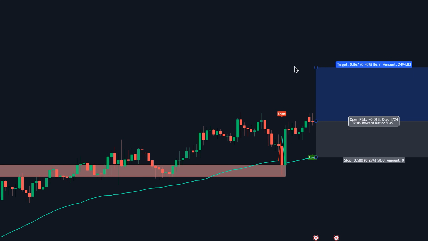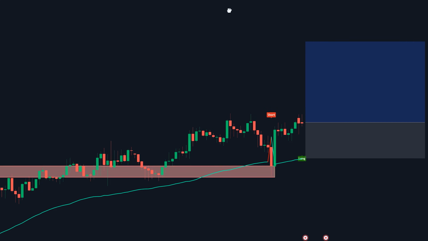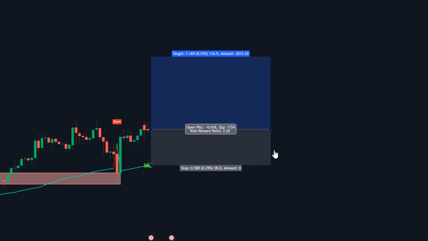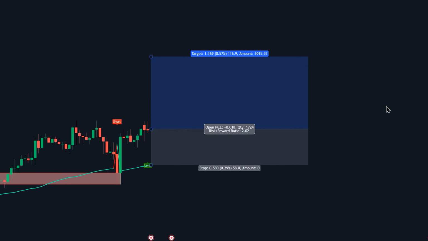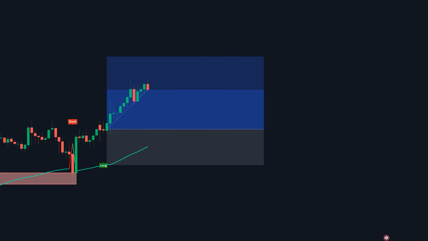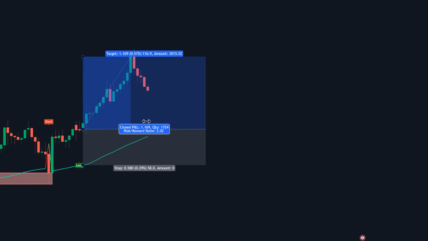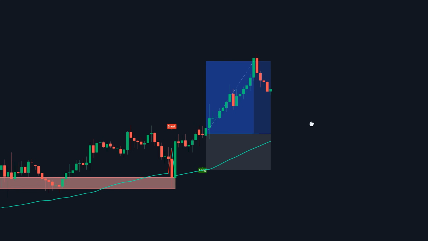For me, I'm going to go with 2 times the risk. And as you can see, that trade was profitable. And of course, for a short position, it's going to be the opposite.